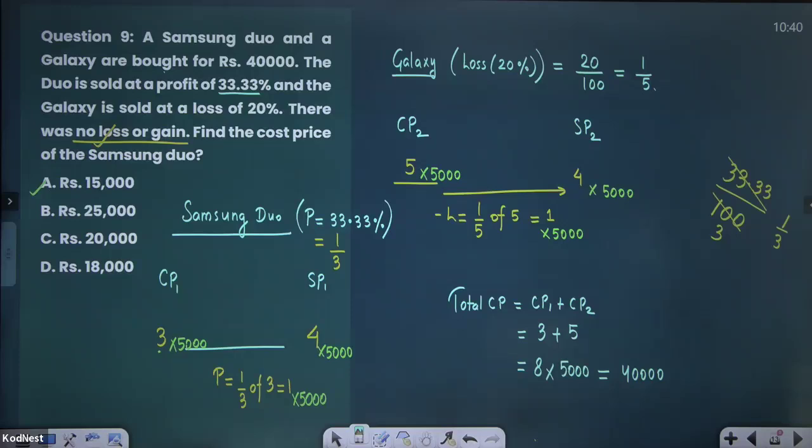Which numbers are same, Chirag? Which numbers are same, Chirag? Which one you are saying? SP1, SP2 you are saying?